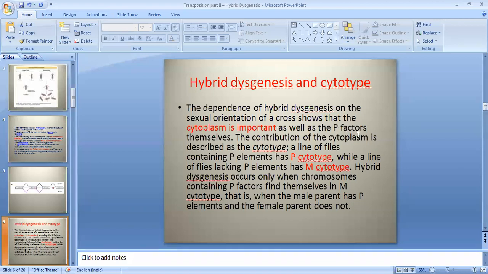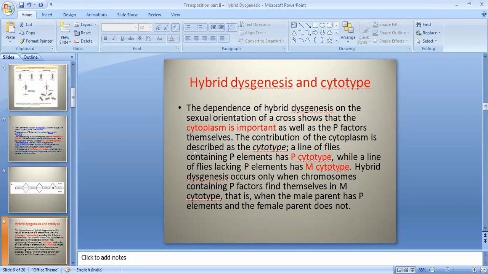So, along with the P factor, along with the transposon, the cytoplasm of the cell is also important for this hybrid dysgenesis to occur. The contribution of cytoplasm is described as cytotype.